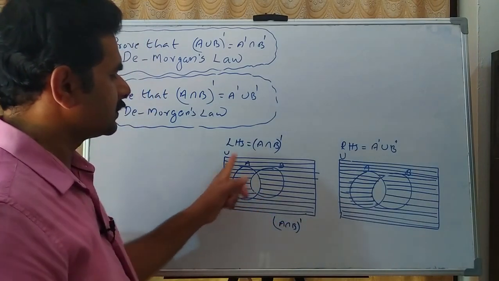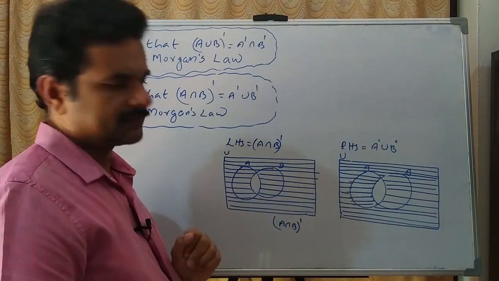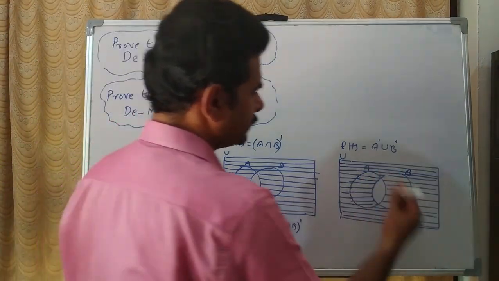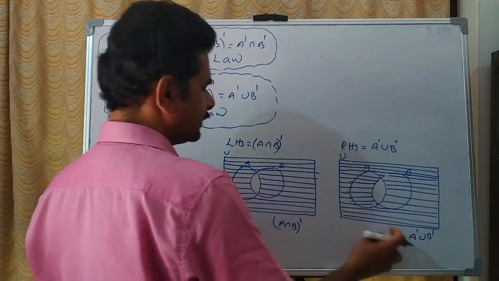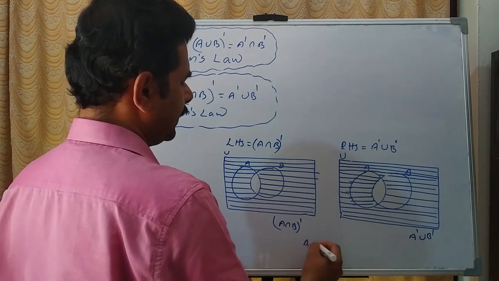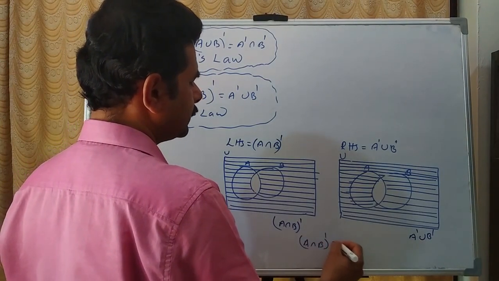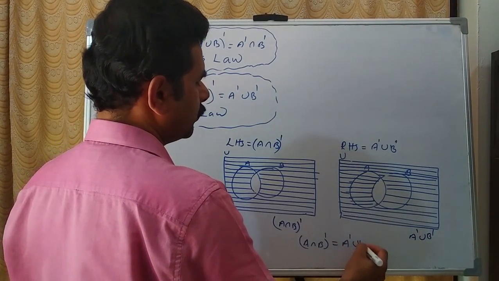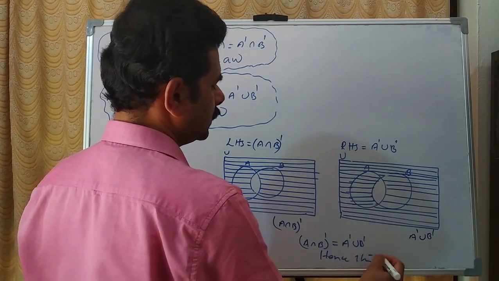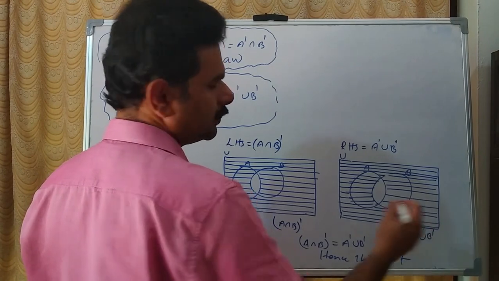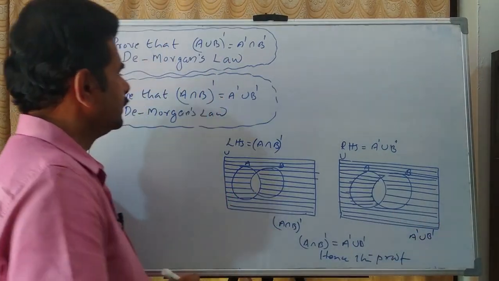That is same as this shaded part. This is A complement union B complement. Both are same region. Therefore, A intersection B whole complement is equal to A complement union B complement. Hence the proof. Okay. See once again.